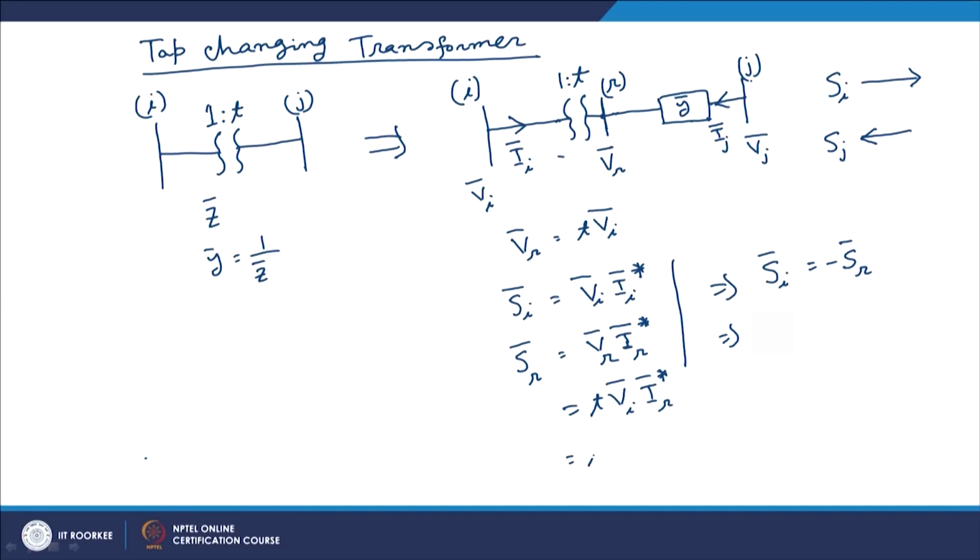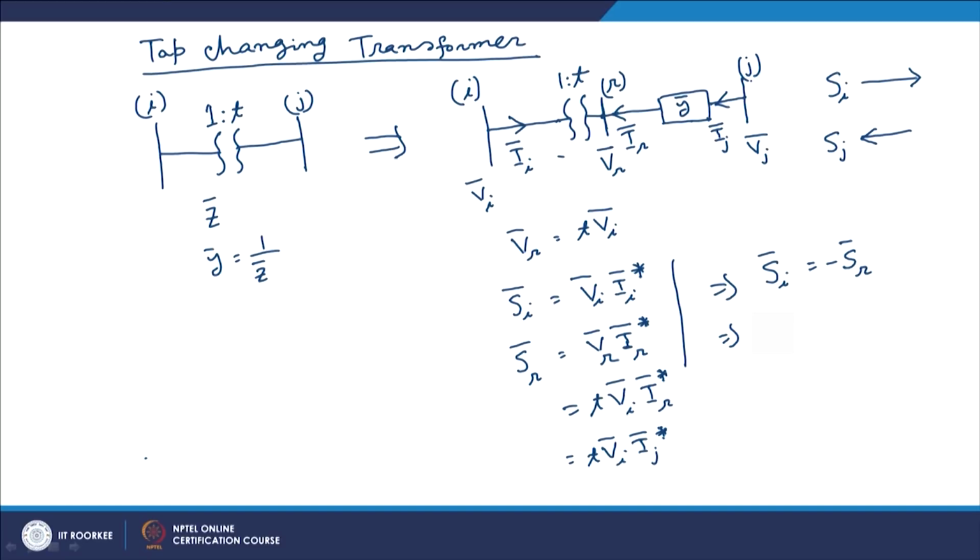Now, TVI into Ij, because you can see from this diagram that Ij and IR are equal to each other.